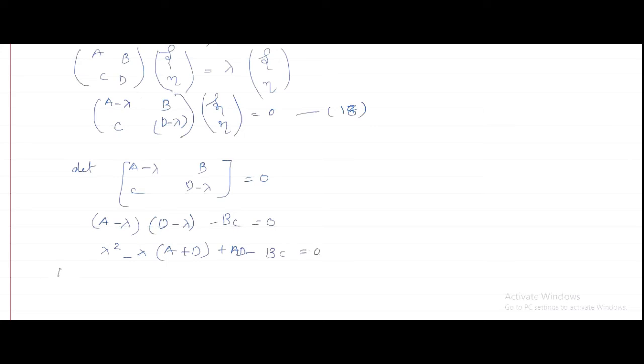But AD minus BC equals 1. That's from equation 13. Therefore, we can write lambda square minus lambda into (A plus D) plus 1 equals 0.